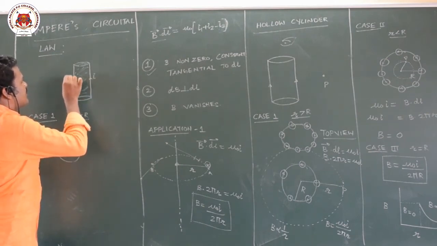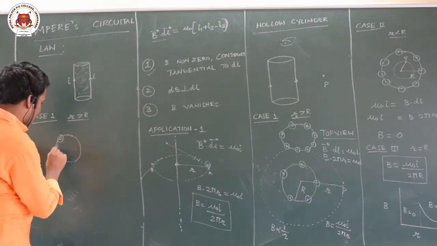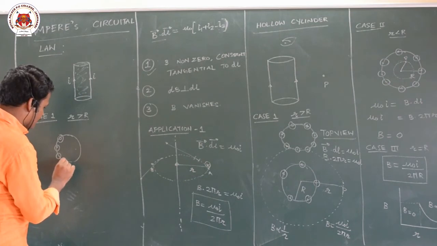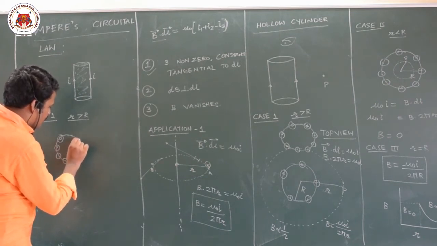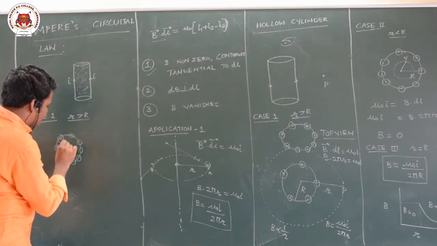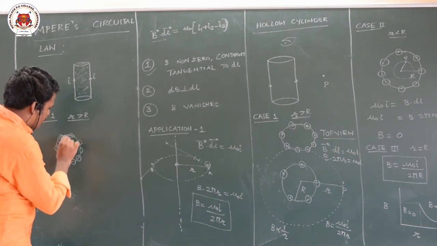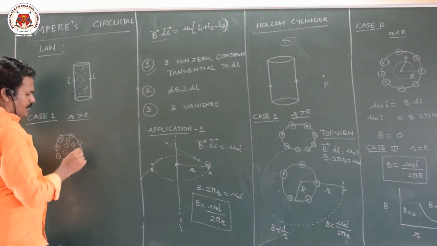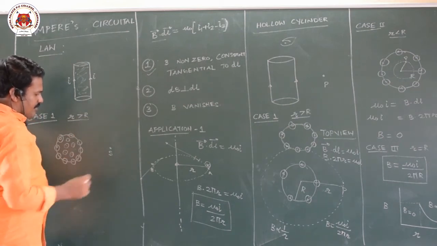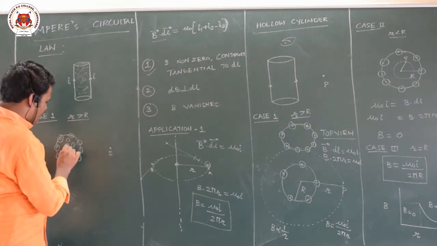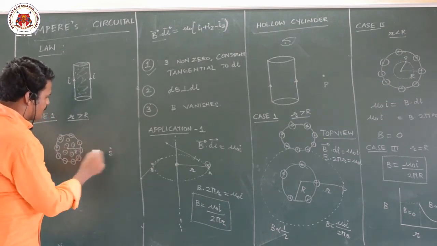Same condition, but it is filled with some matter, so current is coming out like this. The difference is that inside also there is current. Now let us take a point S such that capital R is the radius of this wire and small r is the distance.